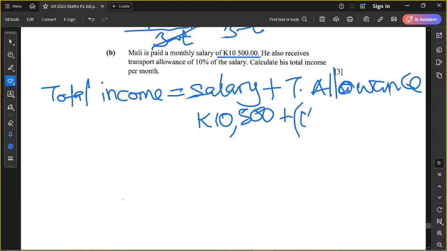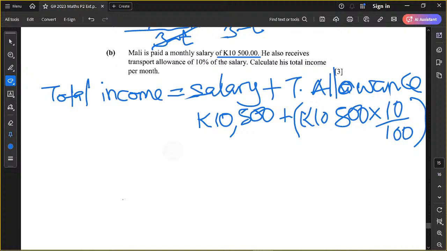So we say 10,500 times 10% of that amount, which is, we put 100 down. Okay, percent, so we put 100 down. So what we do first, we solve what is in brackets that side.